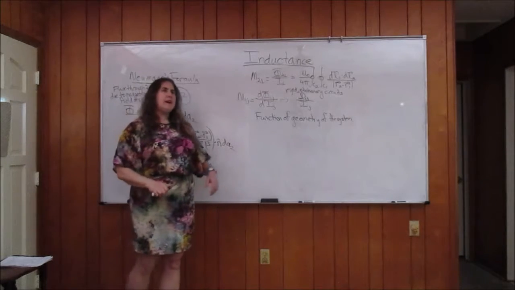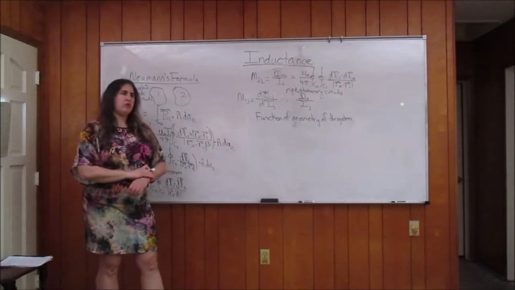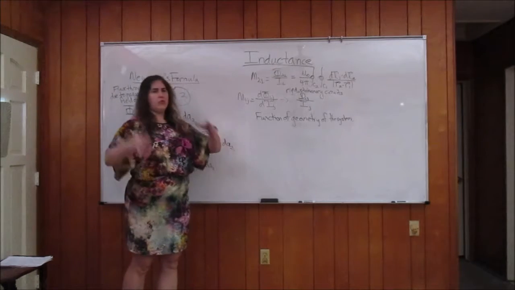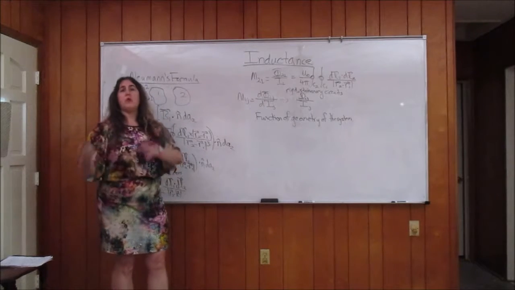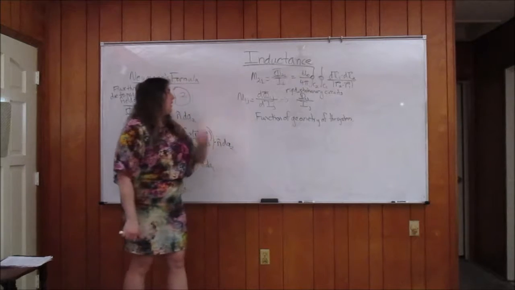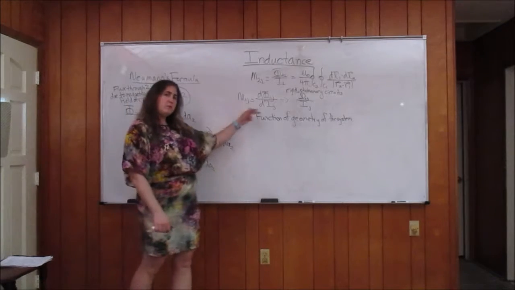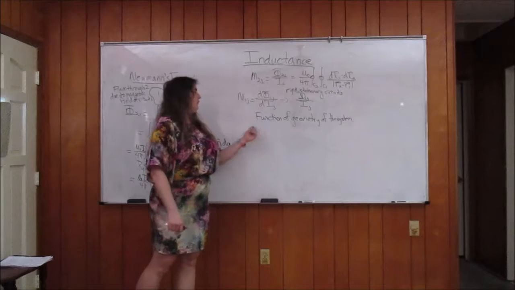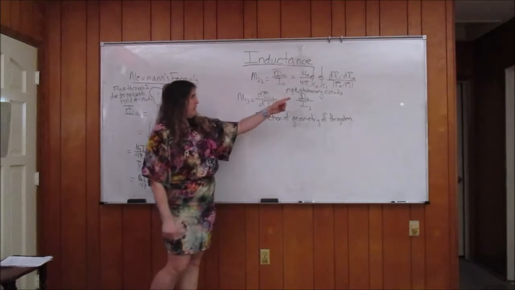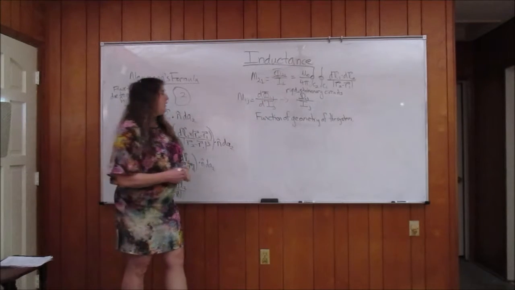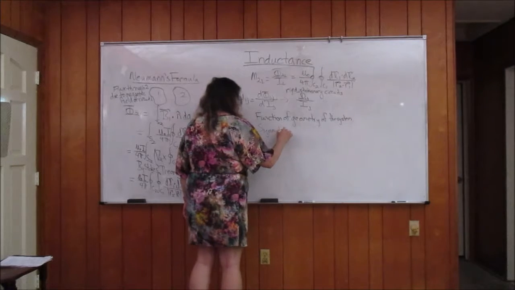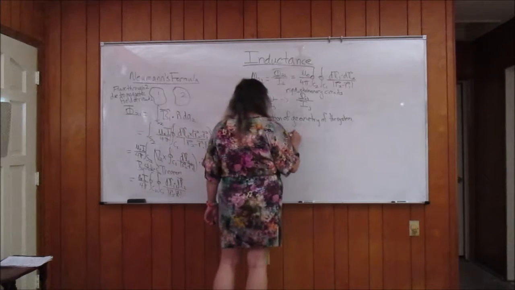The capacitor was a function of the geometry of the system when you're talking about the charges building up on the plates and so forth, and you figure out what the potential was if you knew the geometry of it, which was described by the capacitance. Here we're describing the inductance, in this case mutual inductance, and also self-inductance, as a function of the geometry of the system. Another important point to notice here is that it's symmetric with respect to the circuits.